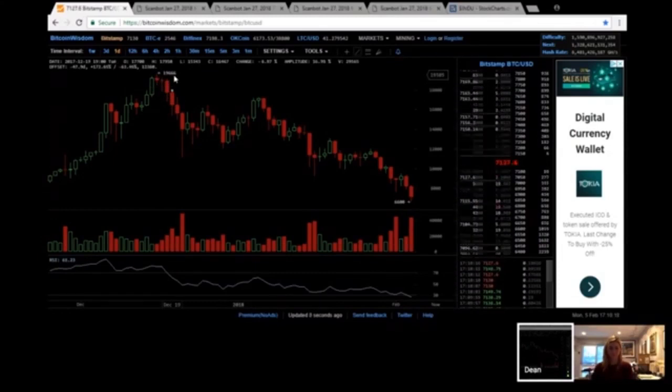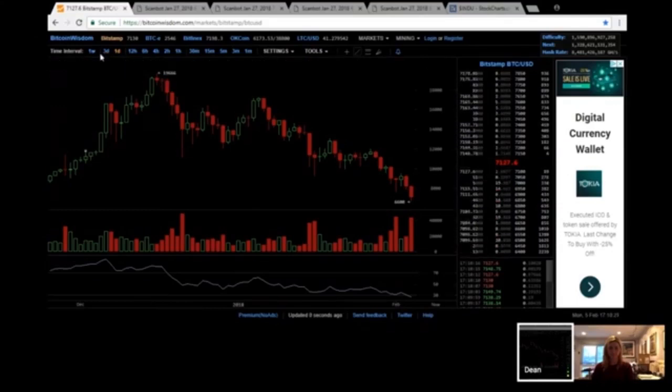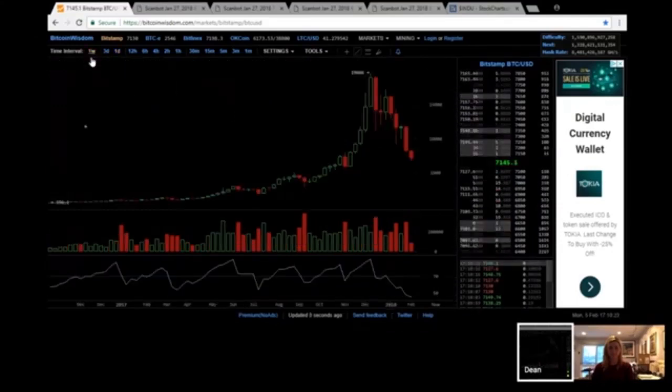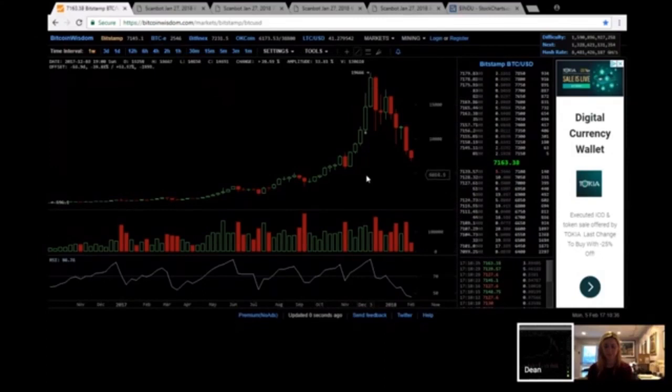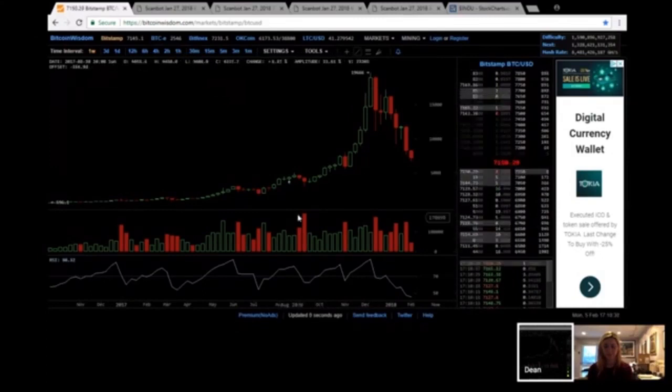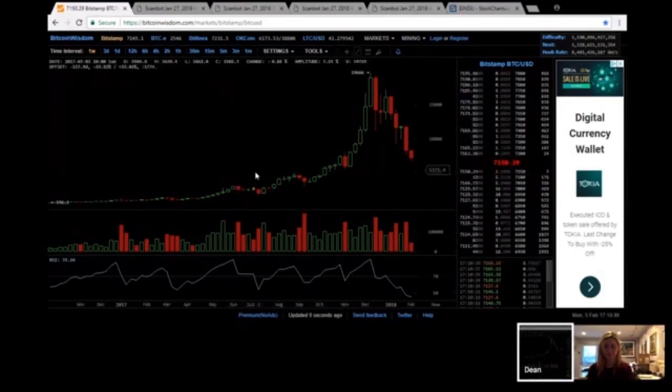And I'm going to go one step larger to the weekly chart, where every bar is a week, to show the entire movement from $500 up to 20,000. And we keep saying that this period, as we got into 2017, is a hyperwave.